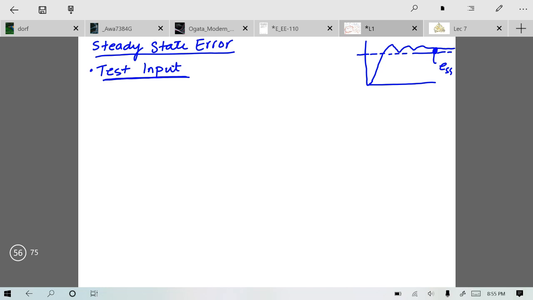Normally there are three types of test inputs. One is a step input. Another is the ramp input, and another that we can use as a test signal is the parabola.